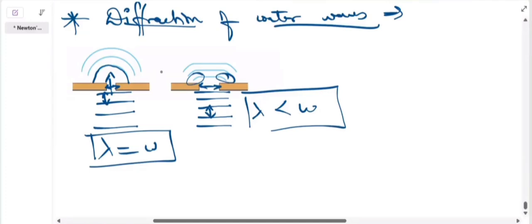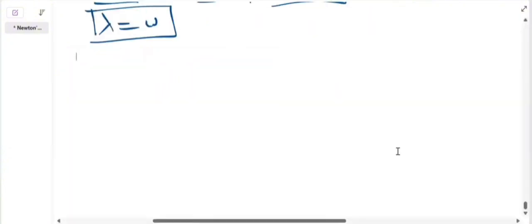Okay. Now let's move to the next topic. Now, waves also get diffracted by objects or by edges. Something like this also. If some hindrance or obstacle is found, they can diffract like this also.